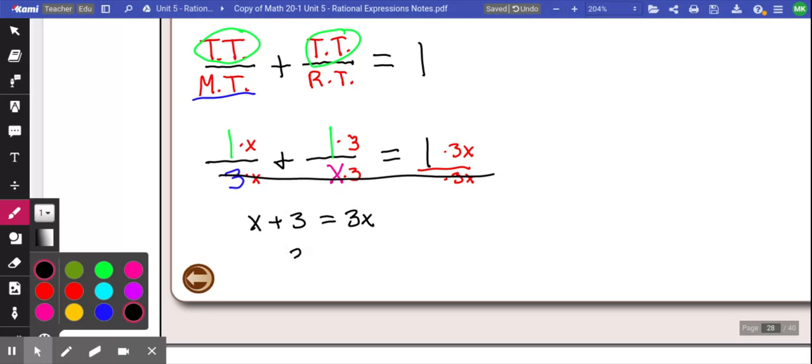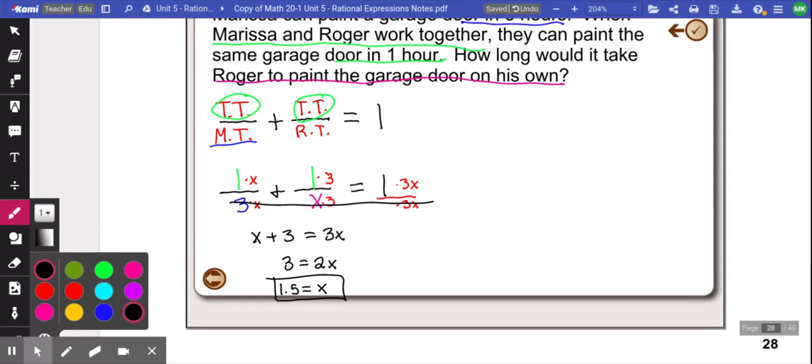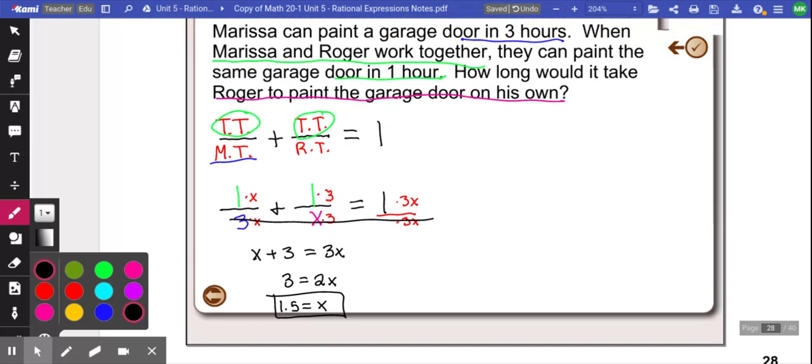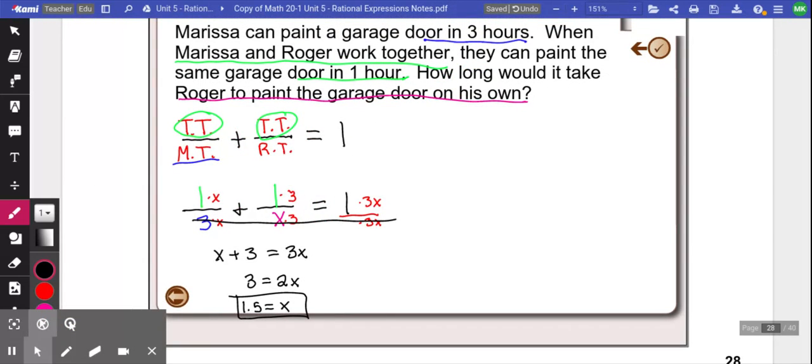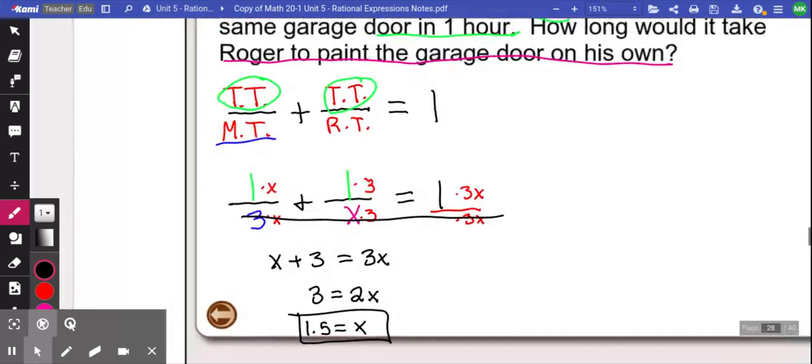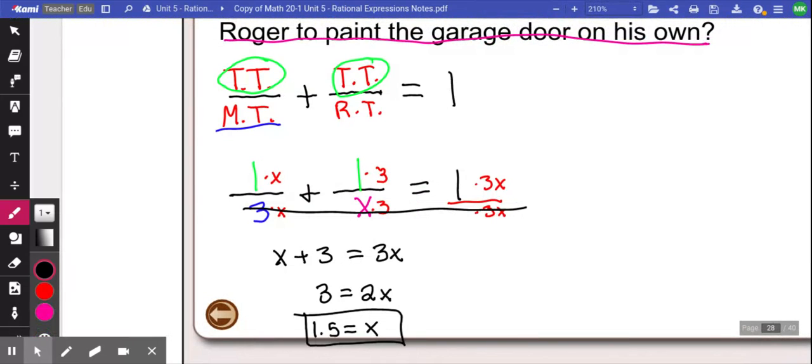I move my X over. I have 3 equals 2X. I divide by 2, and I get 1.5 equals X. That means it takes Roger 1.5 hours to paint the garage door on his own. Again, the setup's the hard part. The solving usually isn't that bad, especially for work problems, but the setup is the hard part.